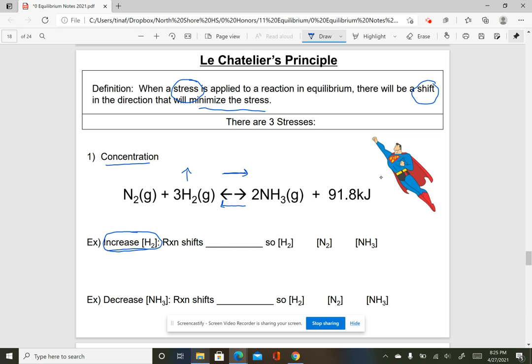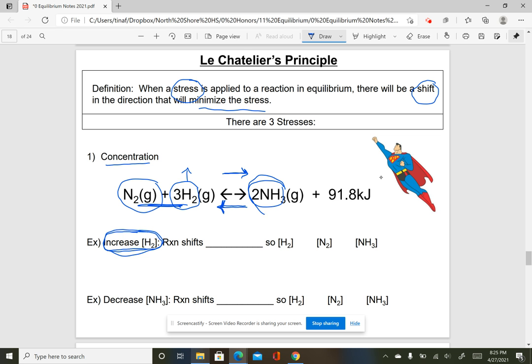Now, if I go to the right, my N2 and my H2 are combining to make NH3. So as I go to the right, if reactants are turning into products, what's happening to my amount of reactants? They're going down. So does that fix the fact that I increased H2? Yes. Going to the right makes H2 go down. If I were to go to the left, I would be doing the reverse reaction.